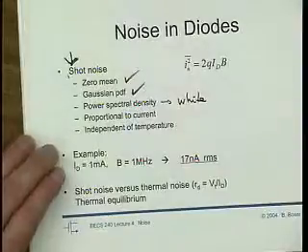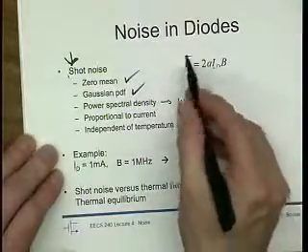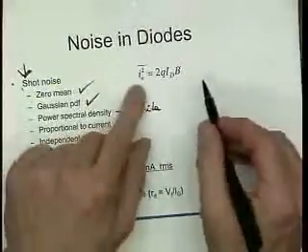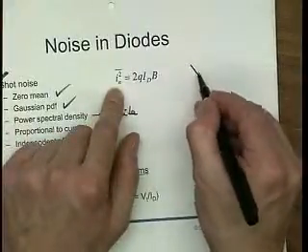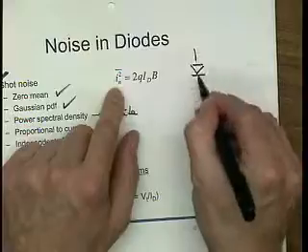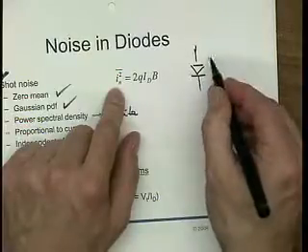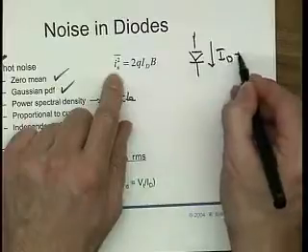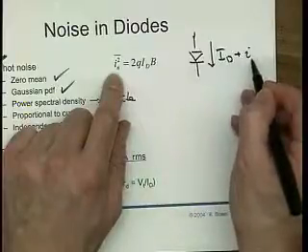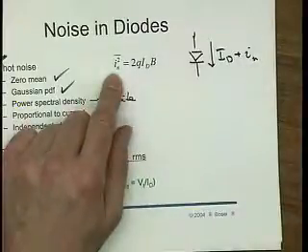Its power spectral density is white, just like the noise from resistors. Proportional to current. Wow, there is something new. The noise current of a diode: if we run some current through it, then what we get is the diode current ID plus the noise current flowing through that diode.